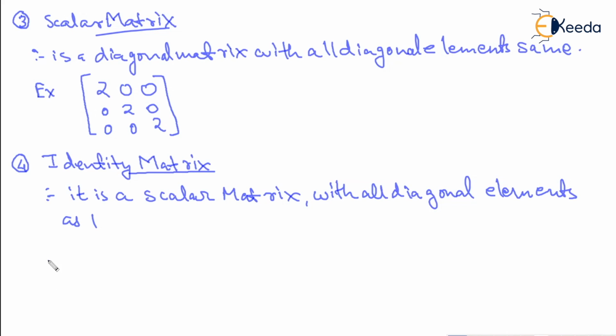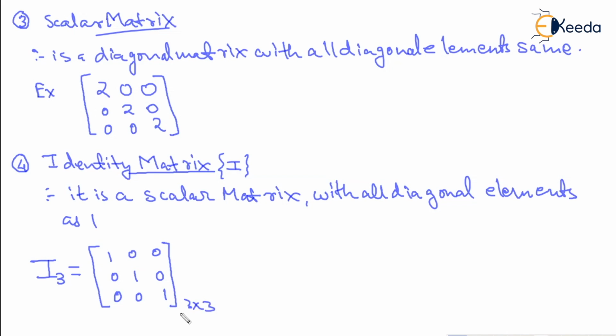Let's say it is denoted by I, and if I'm writing I3, this means it is an identity matrix of size or order 3. So it is 1 0 0, 0 1 0, 0 0 1. 3 cross 3, of course.